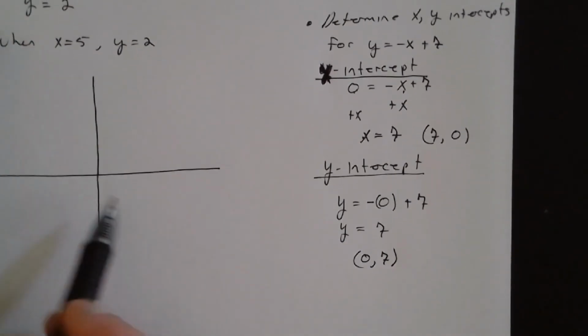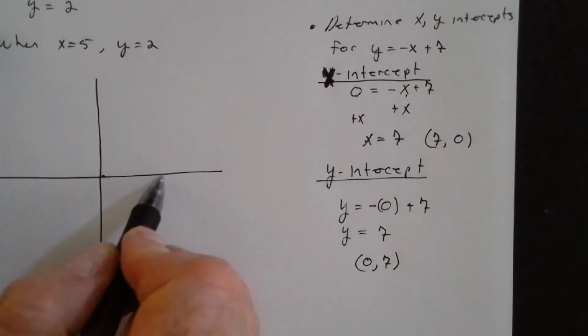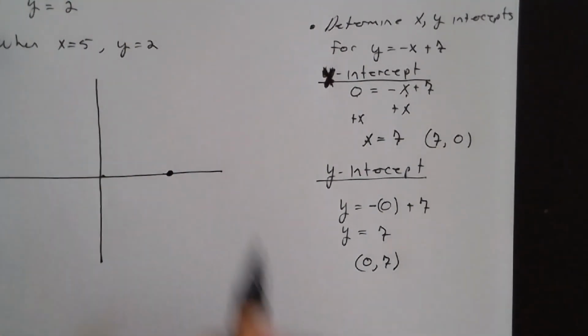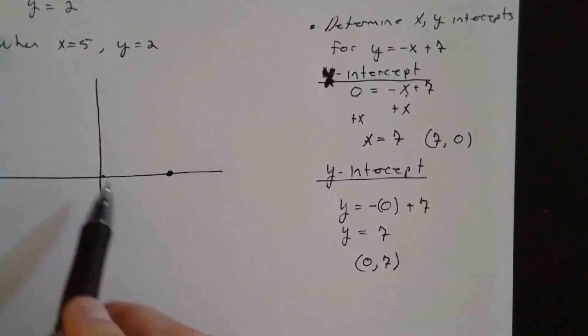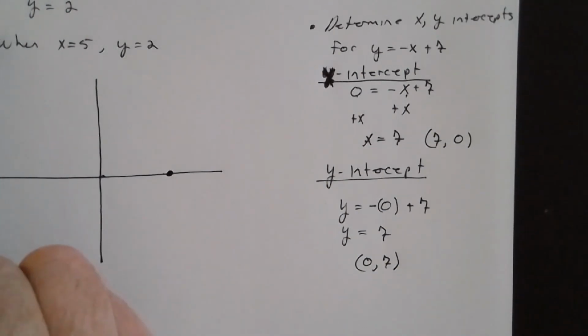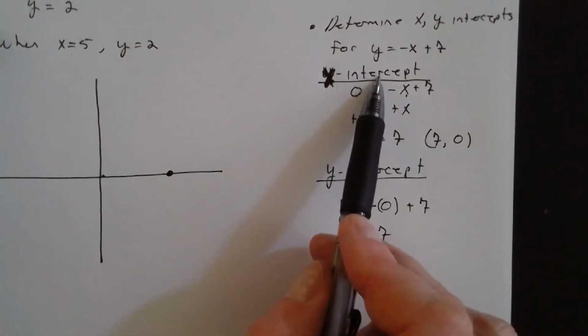And so we're going to plot these 2 points. Yes, Joshua? Where? Below here?